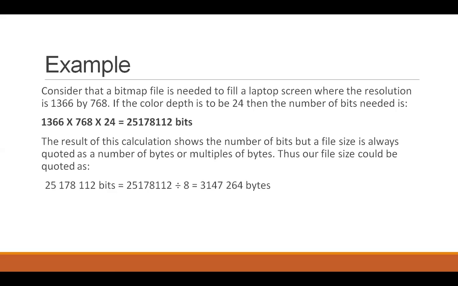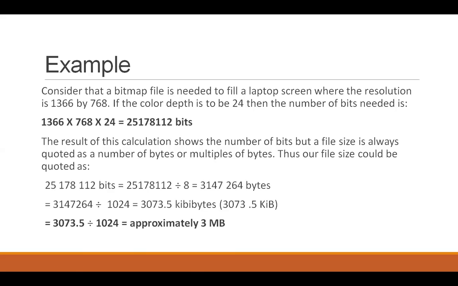After we have converted the bits into bytes, we can divide it by 1024 and convert that into kilobytes. And we can even further divide it by 1024 and convert that into megabytes. So that is a simple multiplication and simple division calculation. This is how we can calculate the size of a bitmap file.